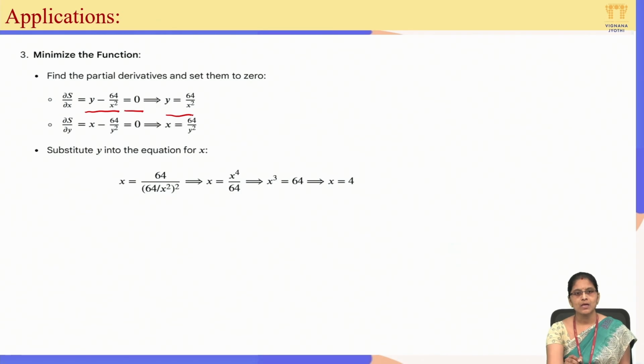Similarly, differentiate it partially with respect to y. From this we get the value of x: x is equal to 64 by y square. Substituting y into the equation for x, we get x is equal to 4.